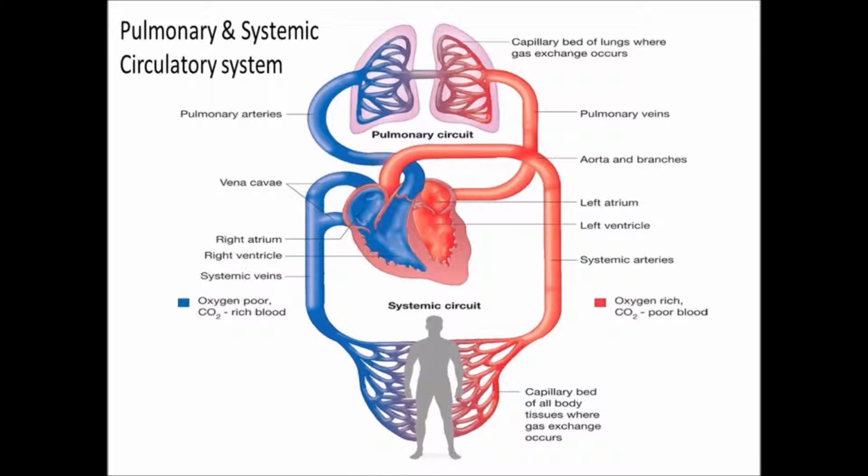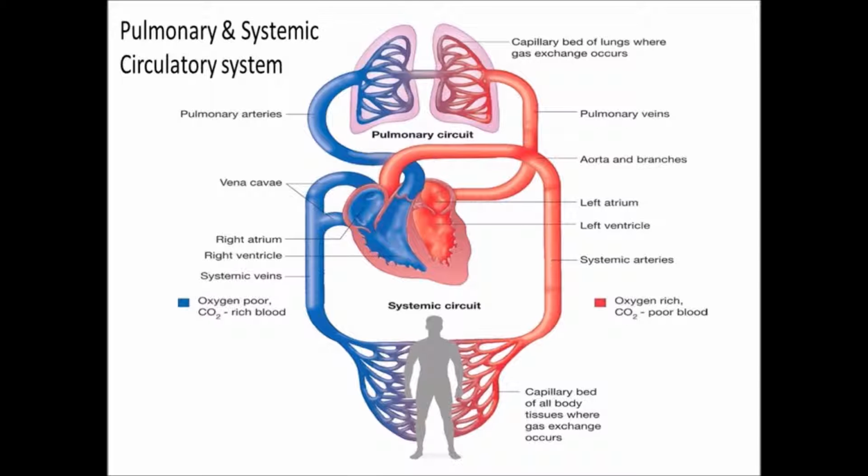Next, we'll look at the circuits of blood flow. And as we've seen in the structure of the heart, the heart is separated into left and right hand sides. The heart consists of two separate pumps, one on the left and one on the right. This arrangement prevents blood with high concentrations of oxygen mixing with blood that's low in oxygen.